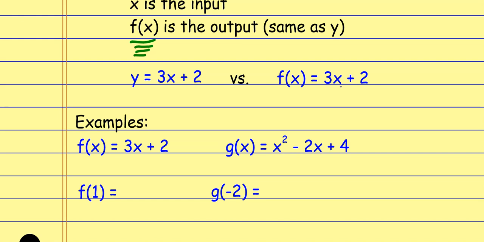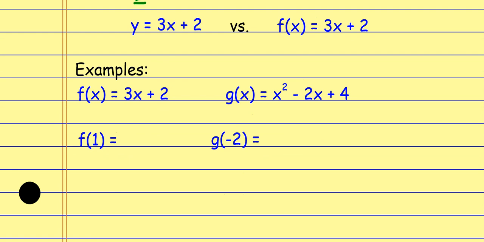See, but what's nice about saying f of x, we're saying, hey, the function f, and it's telling us what the input is. It's telling us that the input is x. For example, if I look at something like this guy, f of x equals 3x plus 2. If I were to ask you to find f of 1, see, f of x means the function with input of x.